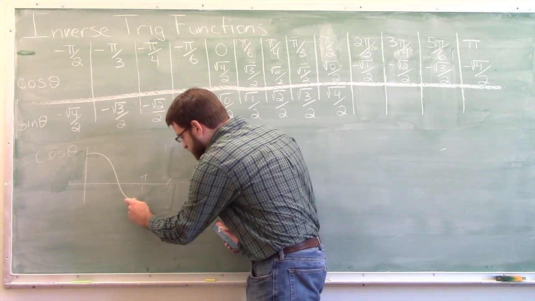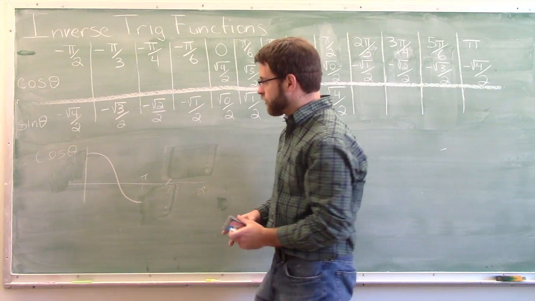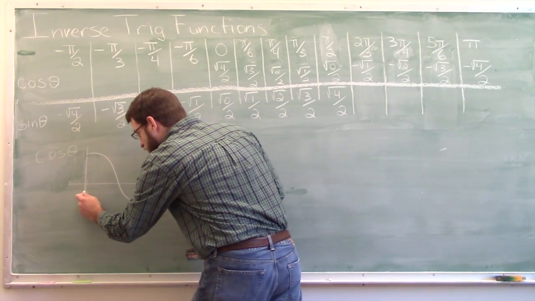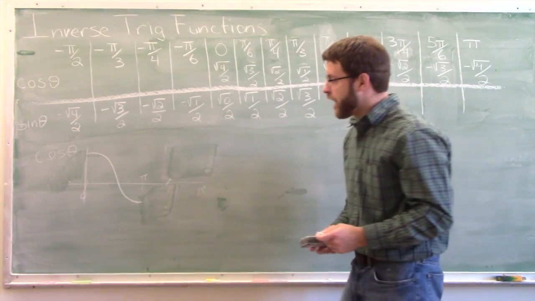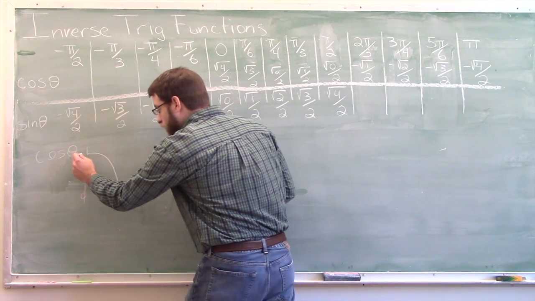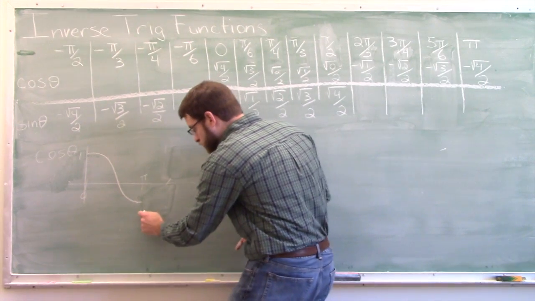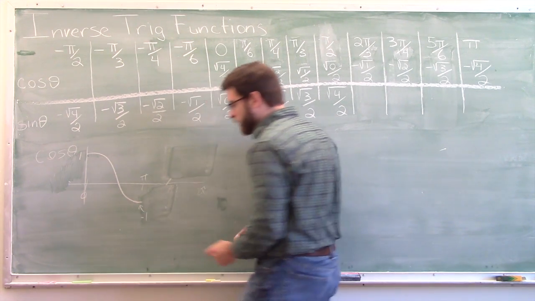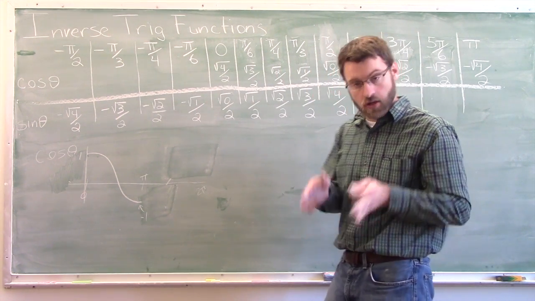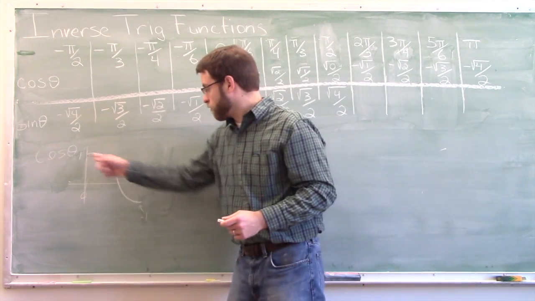So the section of the cosine function that we're able to invert has a domain from 0 to pi. The outputs range from 1, for an input argument of 0, to negative 1. So the cosine function on the interval from 0 to pi has outputs that range from positive 1 to negative 1.